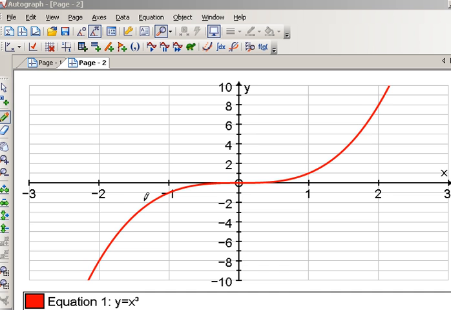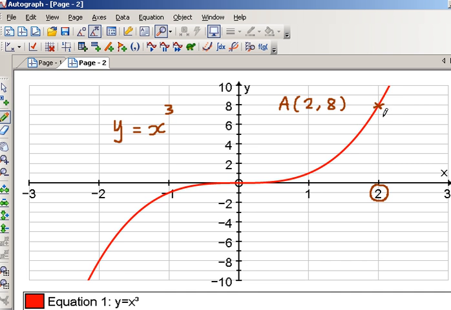Okay, so here is the curve that we were just looking at. Y is equal to x cubed. That's the equation of the curve. When x is equal to 2, y is equal to 8. So this point here is our point A with the coordinates 2, 8.